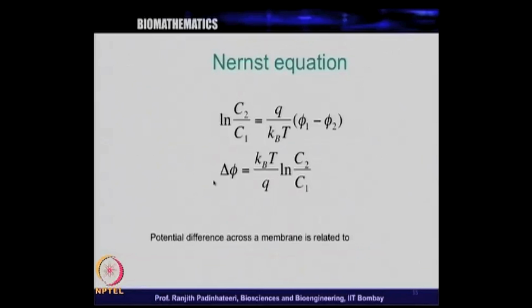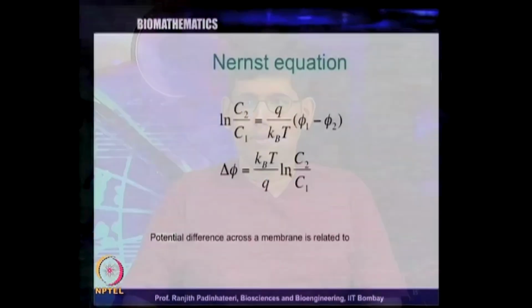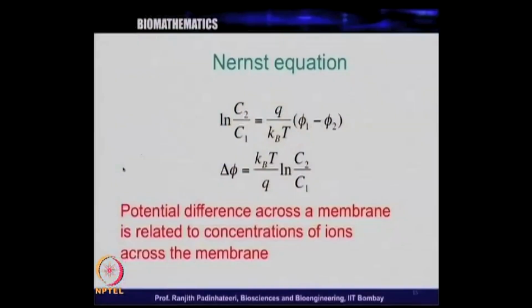Basically, here what is happening is that the potential difference is related to the concentration across the membrane. So, what we essentially end up getting is this equation, as you see here: log of C2 by C1, which is the concentration on both sides.